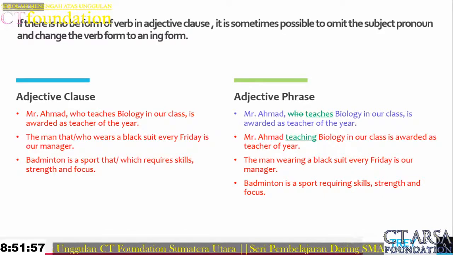For example, Mr. Ahmad, who taught biology in our class last year, was awarded a teacher of the year. Here the tense in the independent clause is still past tense, but not the adjective phrase. The adjective phrase is still verb-ing, but the independent clause still depends on the tenses. So was is still was here. Mr. Ahmad, teaching biology in our class last year, was awarded as a teacher of the year. You got it?